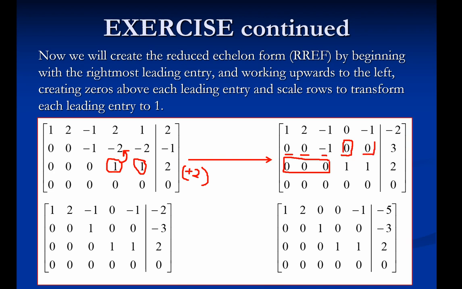That gives me another 0. And then 2 times 2 is 4, minus 1 is 3. So we have just used the pivot in the third row to get zeros in the column above that pivot.